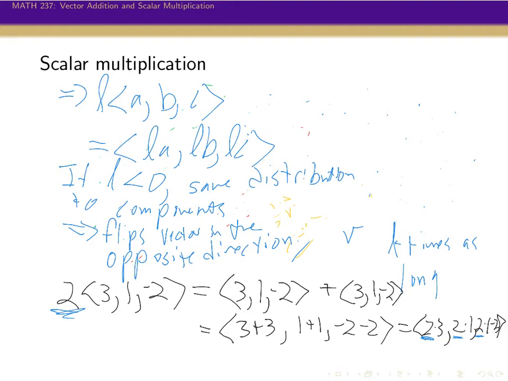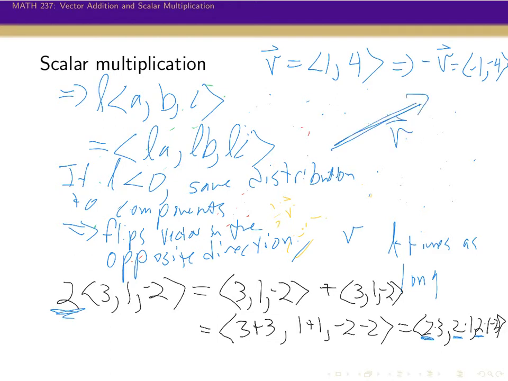So what I mean by this is that negative numbers flip it in the opposite direction. So if we have V is 1, 4, then negative V, that's just multiplying both the components by negative 1, is going to be minus 1, minus 4. Okay, and so if that's V, then minus V, I said it's not a good V. It's more like 4, 1 than 1, 4.